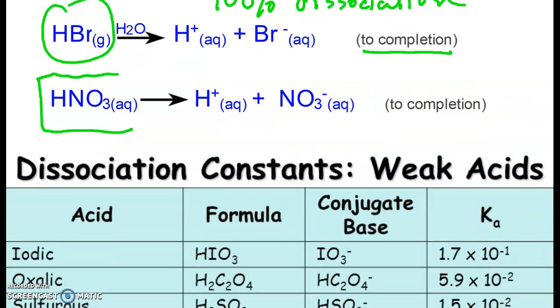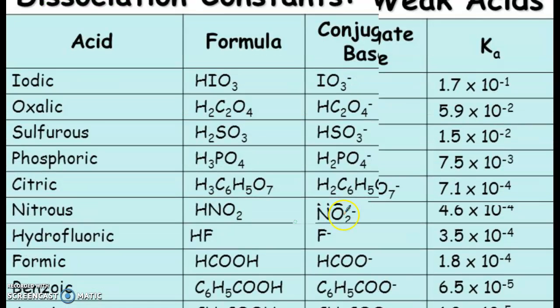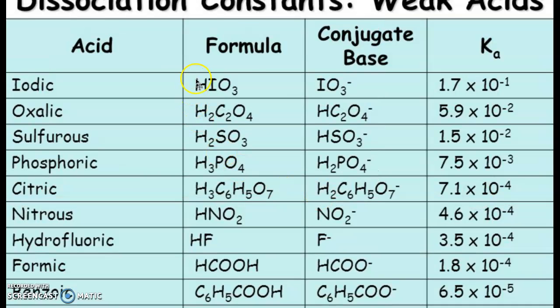Weak acids don't have 100% dissociation. It's the difference. When you have iodic acid, it exists in the reactant form. HIO3 actually is floating around in the water, and that has some anion floating around in the water.